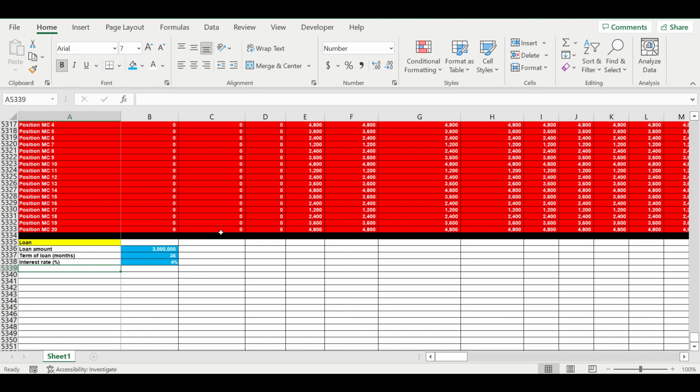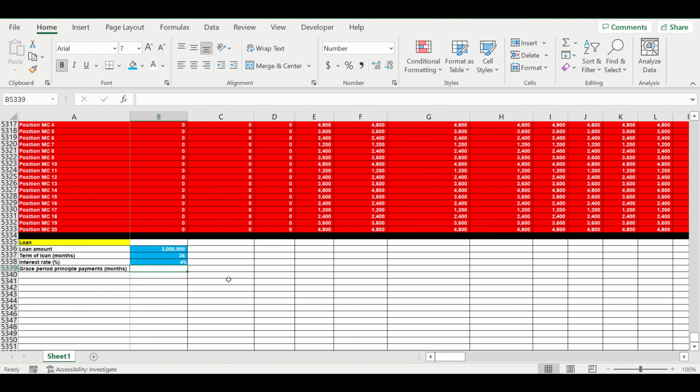Then we specify the grace period for principal payments. It is specified in months. So let's say it will be a 6-month grace period.